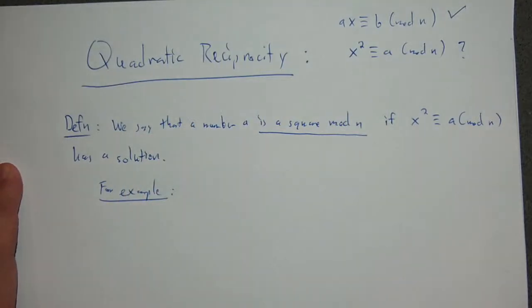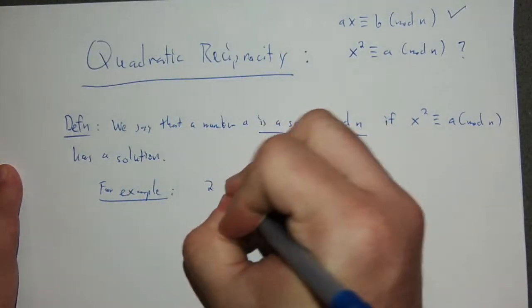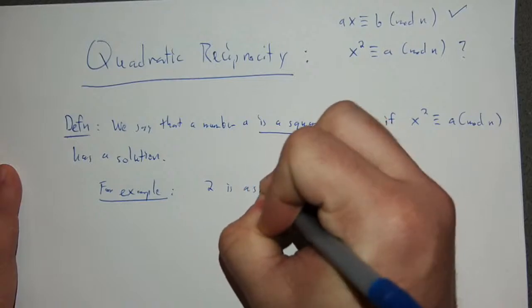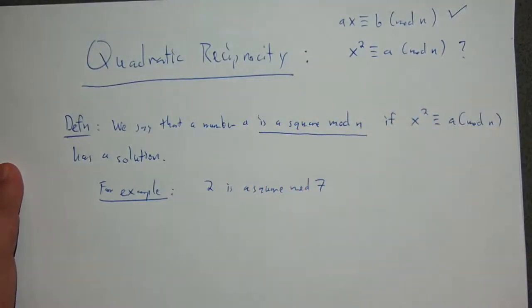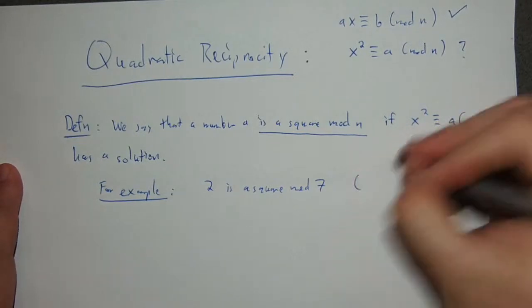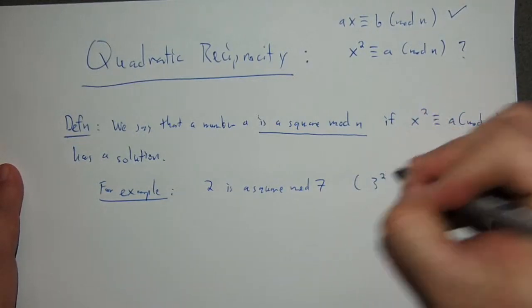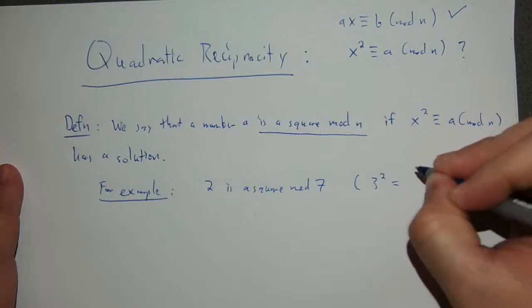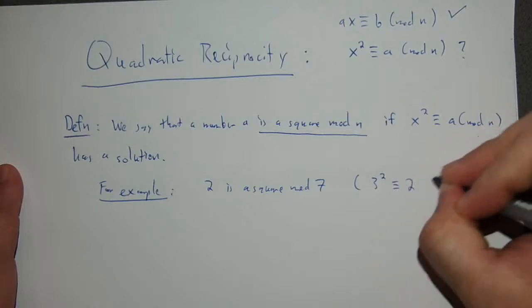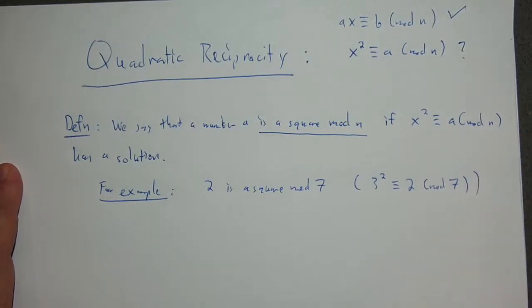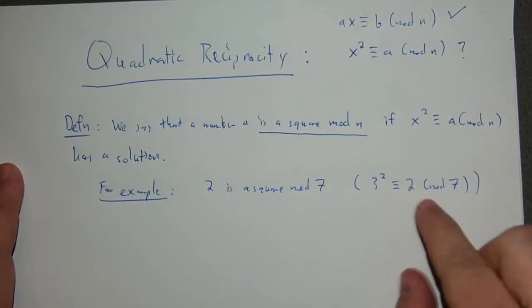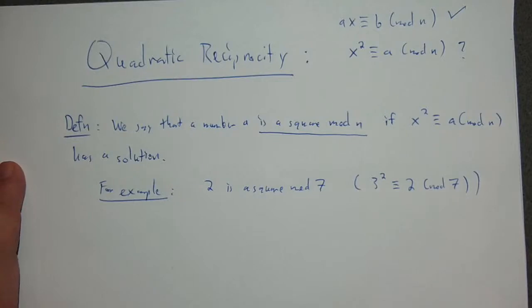a couple of examples. 2 is a square mod 7. Why? Note that 3 squared, which is 9, is congruent to 2 mod 7. And so the equation x squared is congruent to 2 mod 7 has a solution, and that solution is x equals 3.